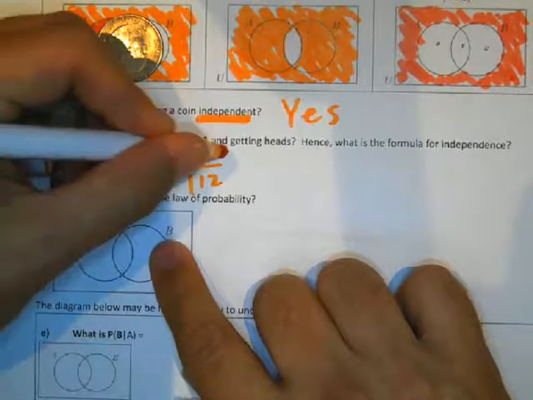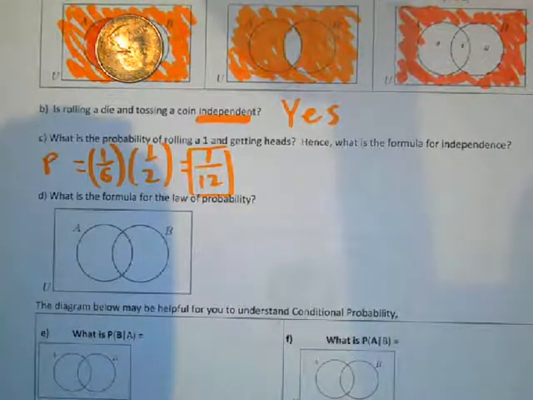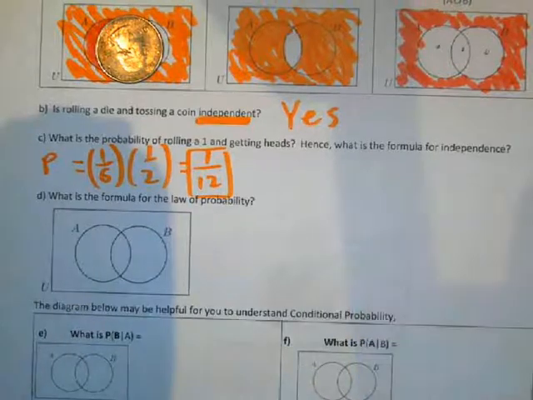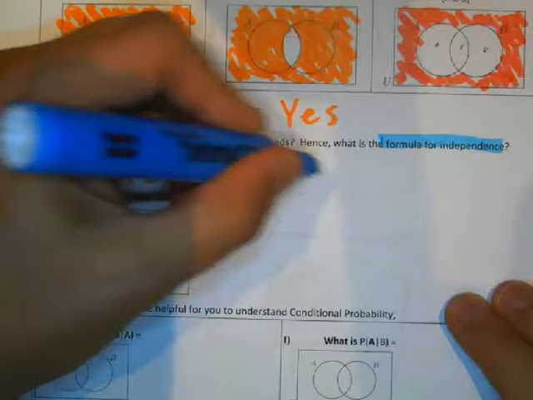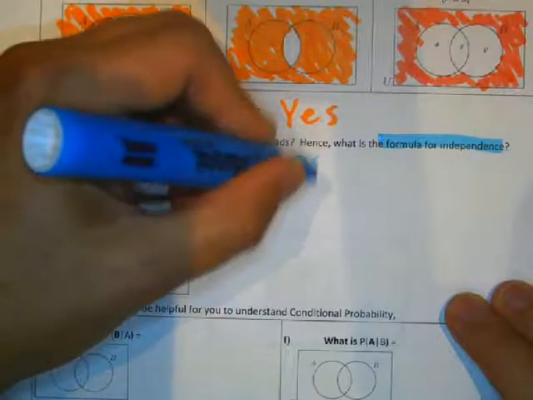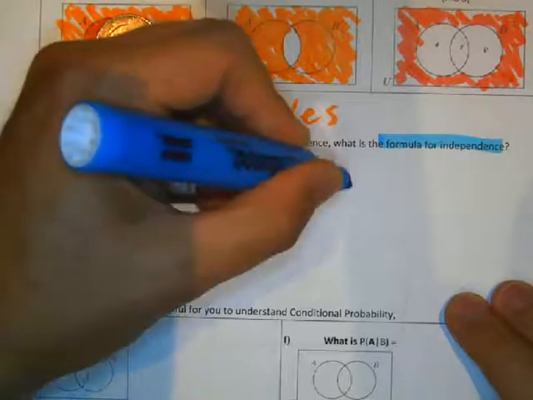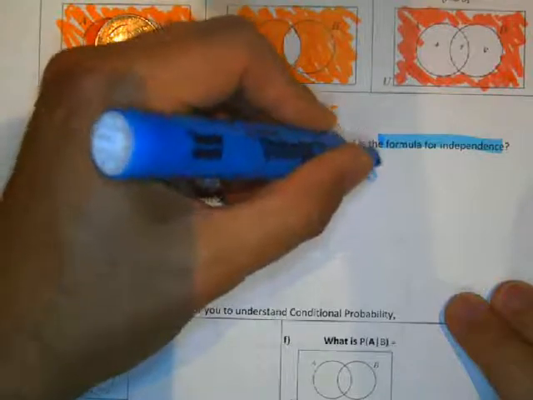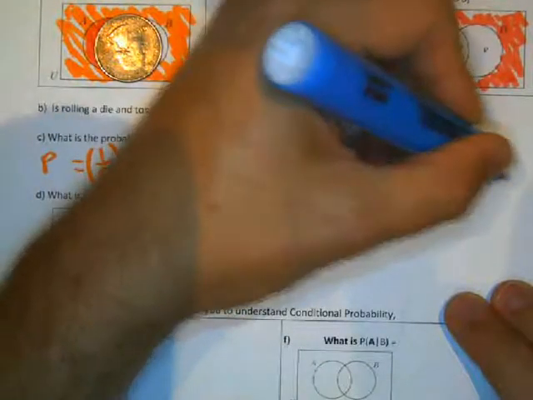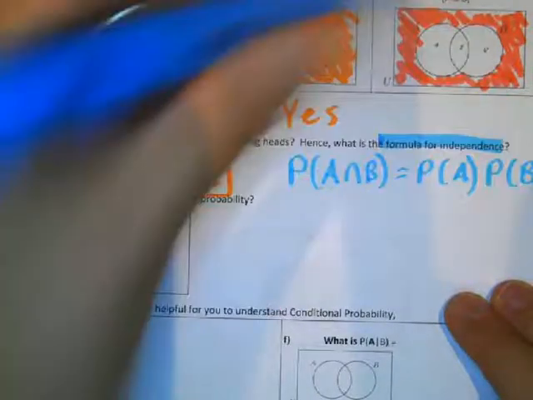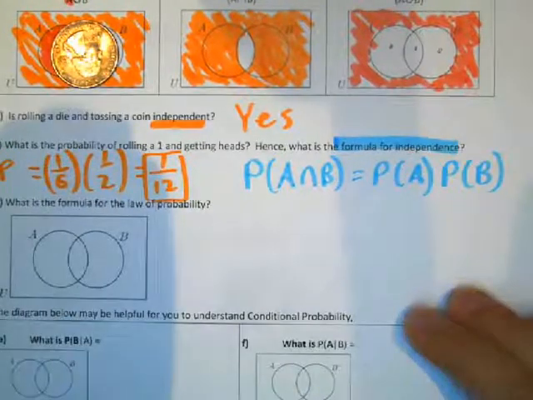Okay, so the formula for independence is the probability of A intersection B is equal to the probability of A times the probability of B. And we're going to be using this relationship a lot in today's activity.